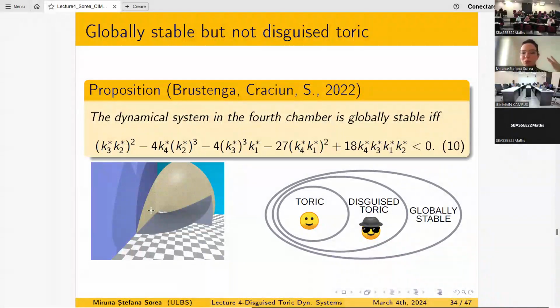But we saw a few slides ago that only the points above the beige surface give rise to disguised toric for this network. So it turns out that all the points that are above the gray and below the beige surface, in between, let's say, are globally stable but not disguised toric.